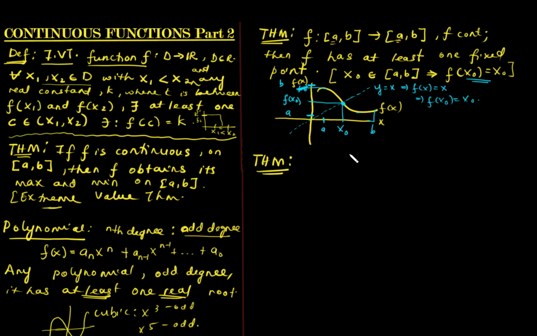So if f is continuous, let's take a look. f is continuous, and again we are on the continuous topic. So let's say f goes from D, a domain, to R, is continuous, and let's say f is 1 to 1, and then D is a closed interval.